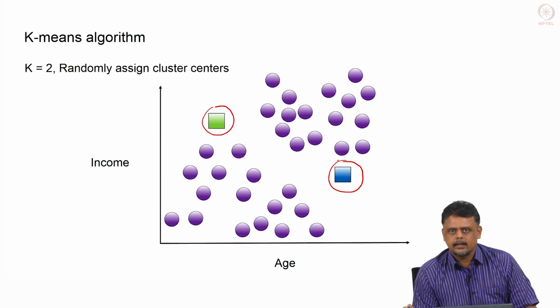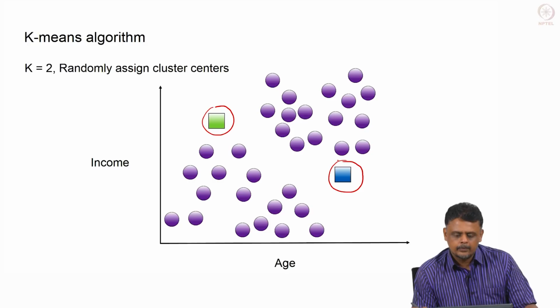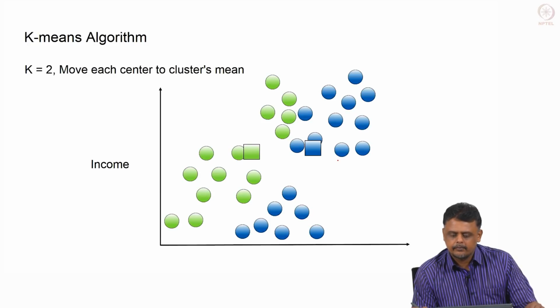So, you have to pick something which is a rational choice of the cluster centers. So, we randomly assign it, and what we do is we move each center to the cluster's mean.